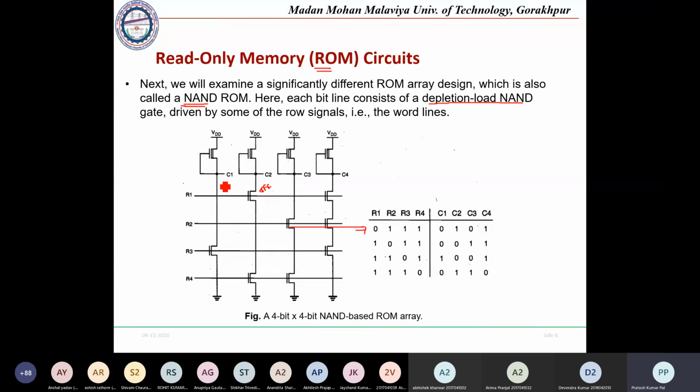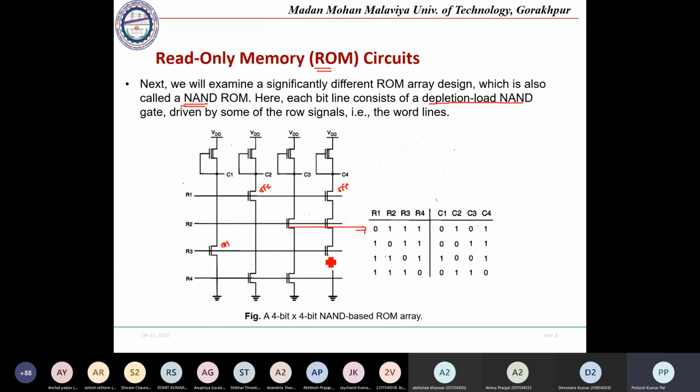But in that column we can see a transistor, and this transistor is connected to R3, which is 1, that means this is on in the case of the first one. And here R1 is 0, so it is off, and all other transistors are on.